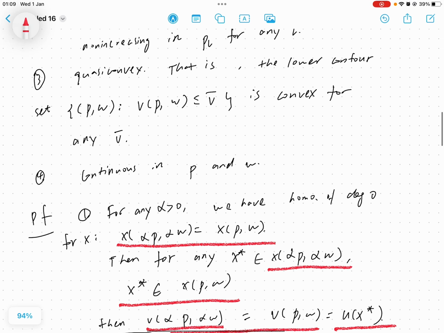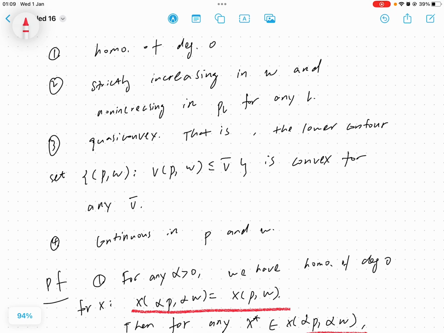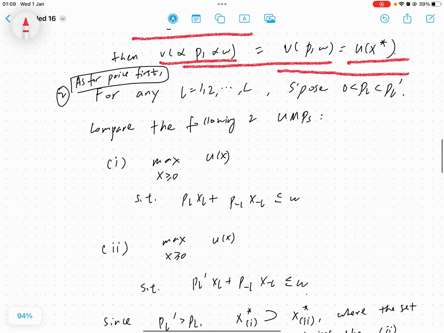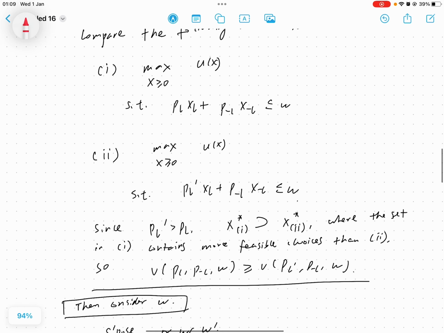And the second one that we're going to prove is strictly increasing in w and non-increasing in the price. Let's do the price first. For any commodity l, let's suppose p_l prime is bigger than p_l. Now let's compare the following two utility maximization problems. In both, the consumer is choosing x to maximize the utility, but they differ only in the constraints. In the first one, we have p_l as the price for l.